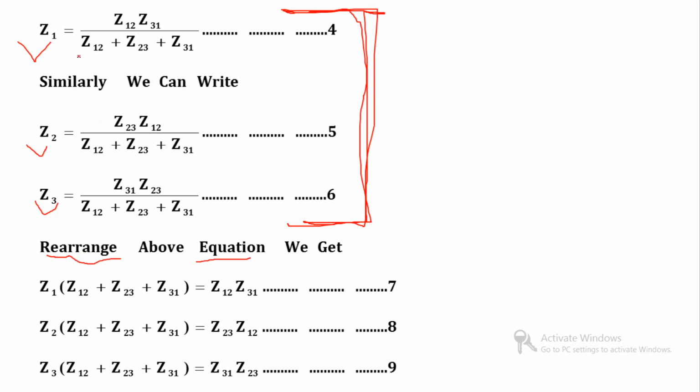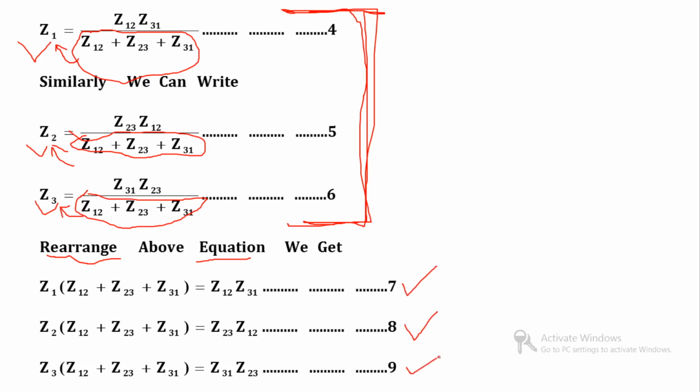That means we will multiply the denominator with Z1, and Z2, and the last one with Z3. So we will get equation number 7, equation number 8, equation number 9 in this manner.